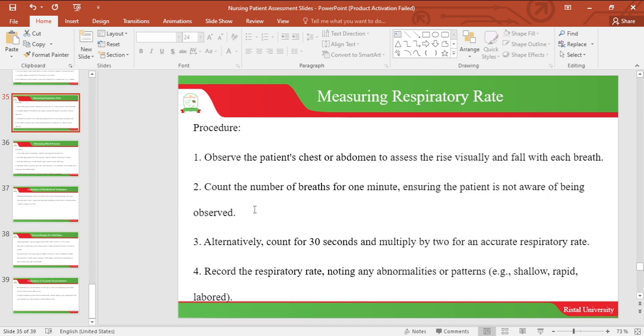So it is important that the nurse should see to it that the patient does not notice that she is counting the breaths. The easiest way to do this is, maybe if she's taking temperature, as soon as she has inserted the thermometer into the axilla, then immediately she starts to observe the chest movements and starts counting the breaths, because the patient will not notice it easily.